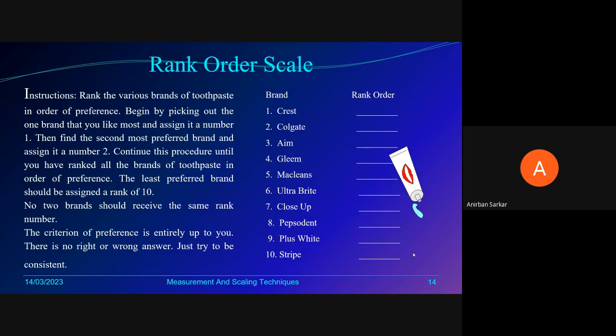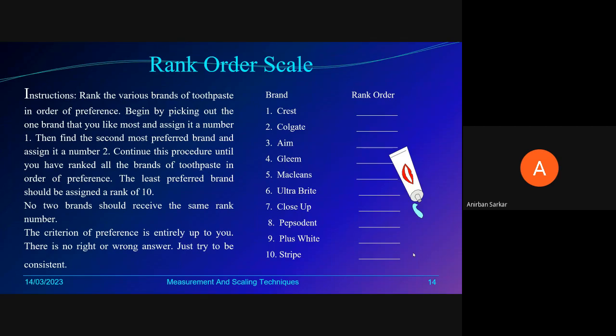Now, can anyone tell me what this 1, 2, 3, 4, 10 means here? What is this scale? Nominal. Nominal data. Nominal scale. Perfect. Thank you. So this is nominal scale data. It is just like an ID, just in order to identify the brands, we have used this. Now, as a consumer, you are being asked to give rank to these 10 brands.